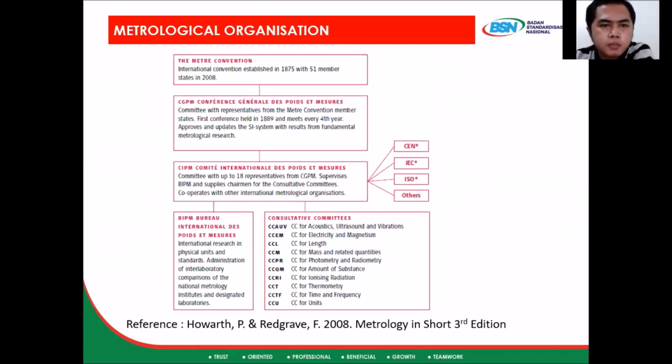The CGPM is a committee of representatives from the Meter Convention, and there's the CIPM, which is a committee of up to 18 representatives from the CGPM, and cooperates with other international metrological organizations like ISO, IEC, and others. And down, there is the BIPM and consultative committees for many different subject fields.